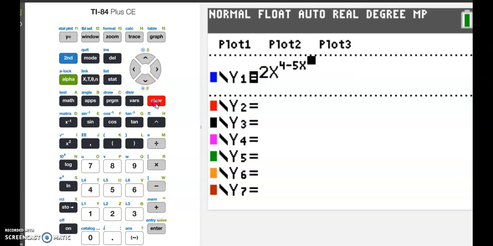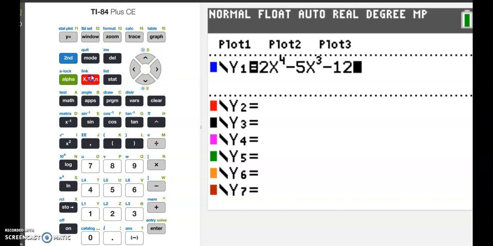Oops, I forgot to arrow out. So let's try this again. x to the 4th, there we go. Arrow over, that happens a lot. Minus 5x to the 3rd, arrow over, so we're not in the exponent anymore. Minus 12x, minus x plus 4. There we go.